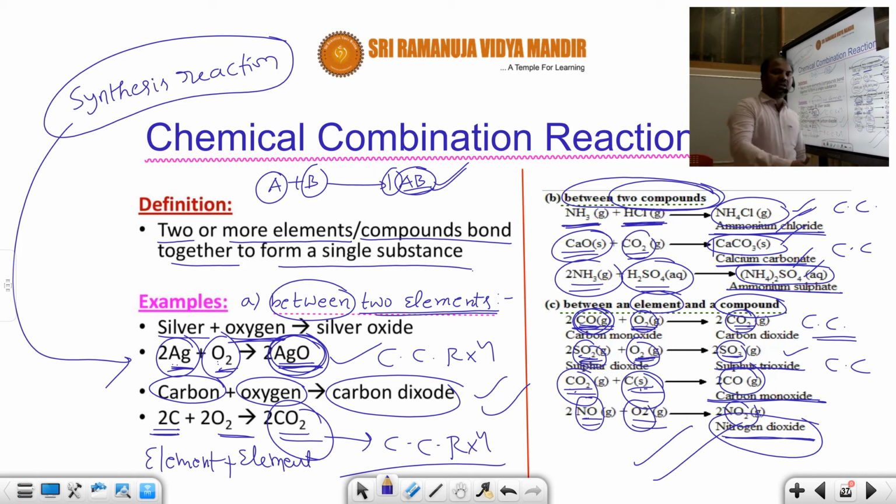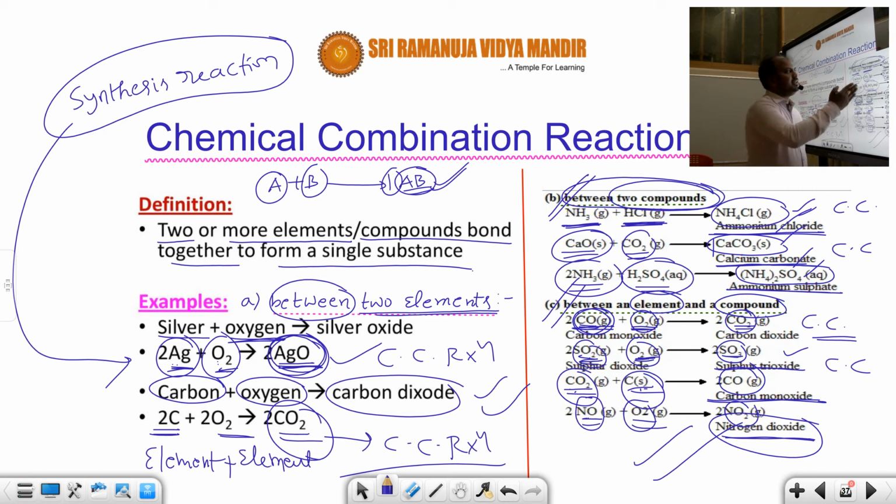When is the chemical combination reaction called a synthesis reaction? Whenever elements combine with each other to form a single new substance in the product side, then we can declare that the chemical composition reaction is also called a synthesis reaction. Otherwise, in case 2 and case 3, where compounds combine, or element and compound combine, only one new substance is formed in the product side. That is called only a chemical combination reaction, but you should not call it a synthesis reaction.